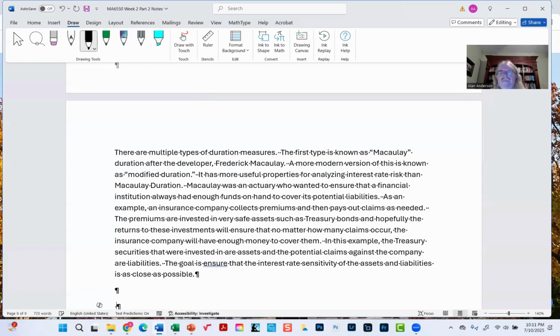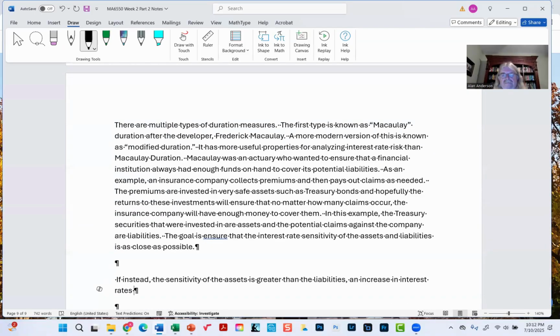All right. So if instead, let's say the sensitivity of the assets is greater than the liabilities, an increase in interest rates will reduce the present value of the assets more than the present value of the liabilities.